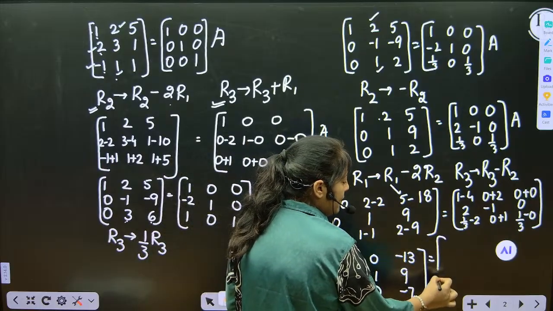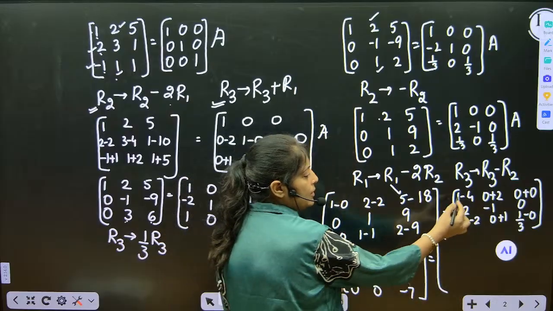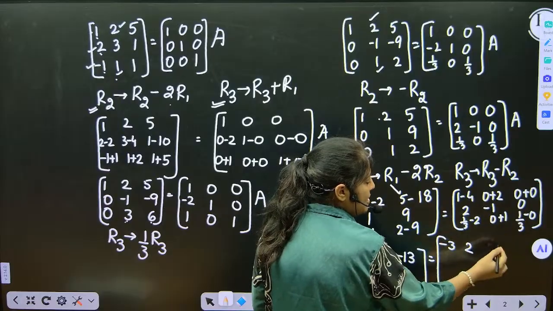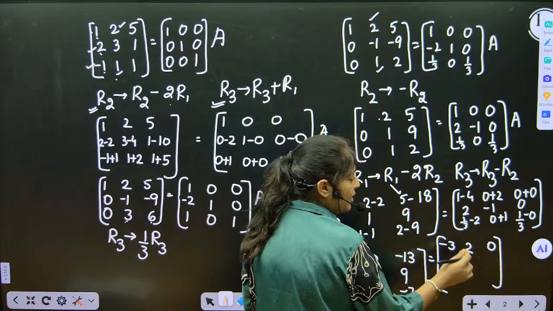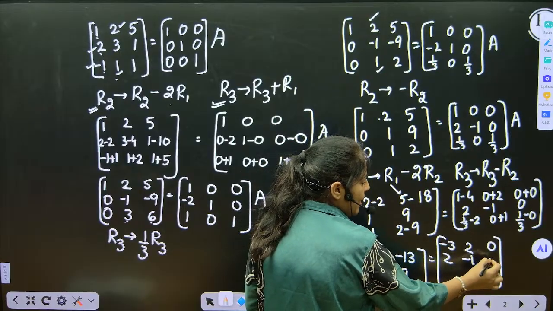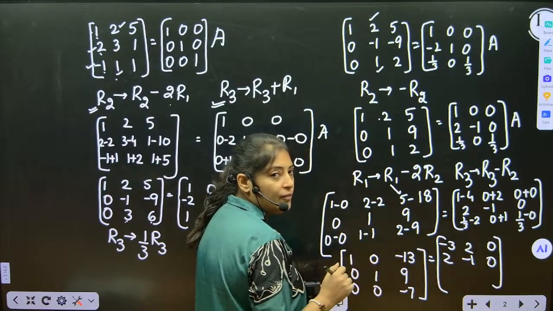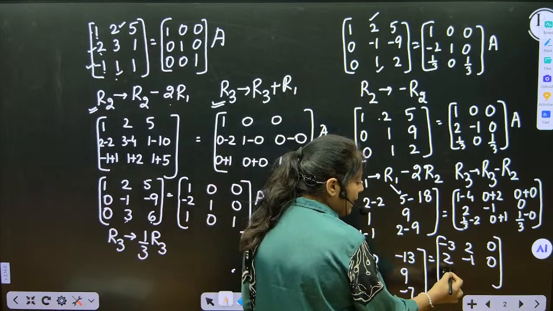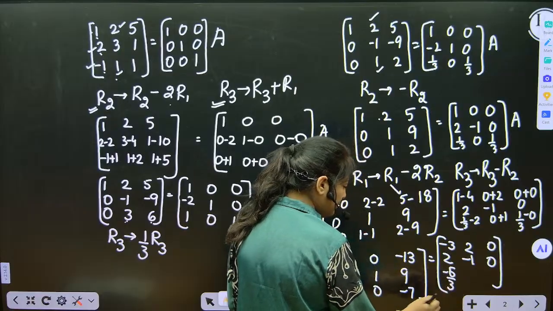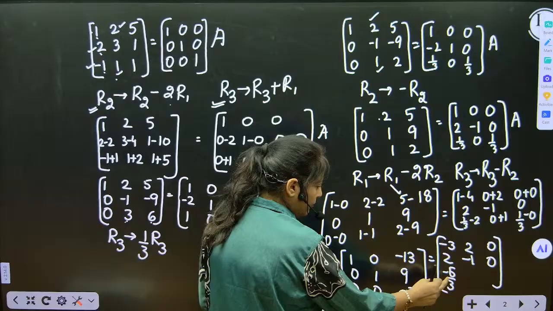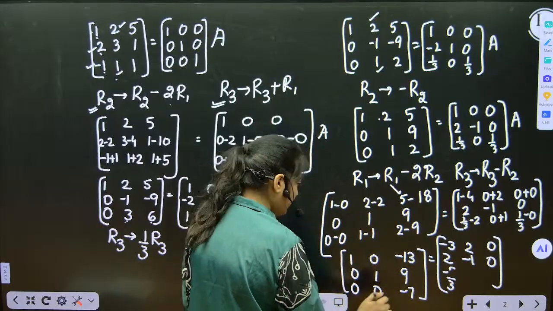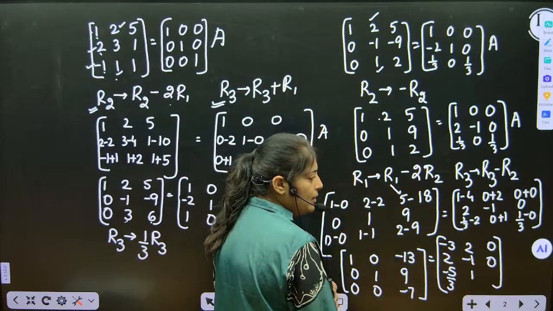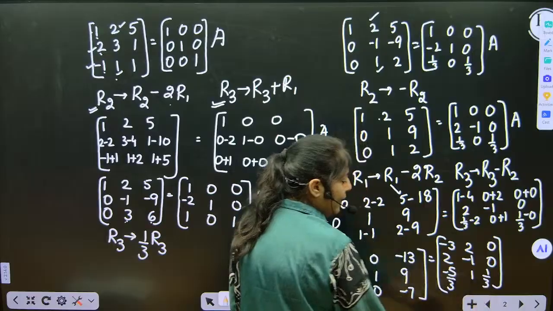On the right side we will simplify now. This will become minus 3, 1 minus 4 is 2, and 0 plus 0 is 0. 2 minus 1 0 as it is. 1 by 3 minus 2, we have to take the LCM, so it will become minus 5 by 3. 0 plus 1 is 1, and this will become only 1 by 2.